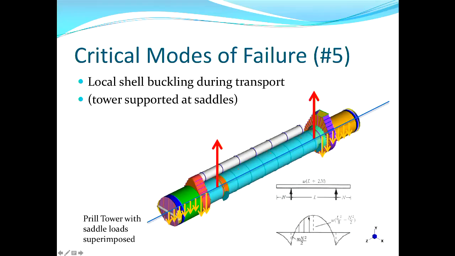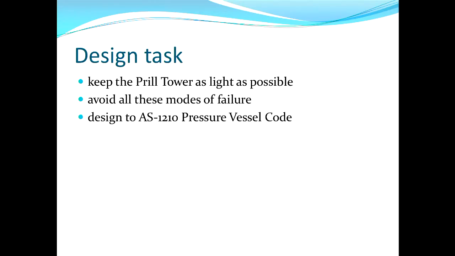We've got a different bending moment diagram, but there's a different set of loads. These are dynamic loads rather than just the gravitational loads of the prill tower's weight. So these are the five main modes of failure that we had to consider. We had to look at all of them to find out which was the most seriously threatening of the prill tower's structural integrity.